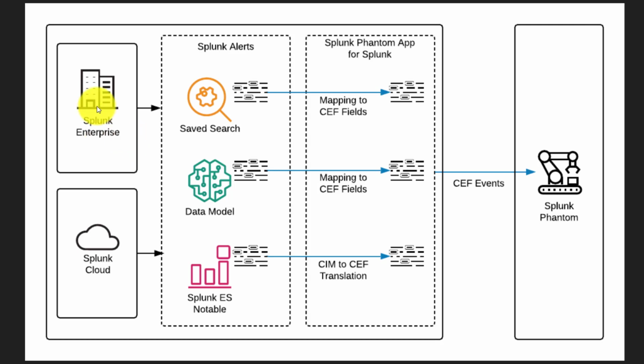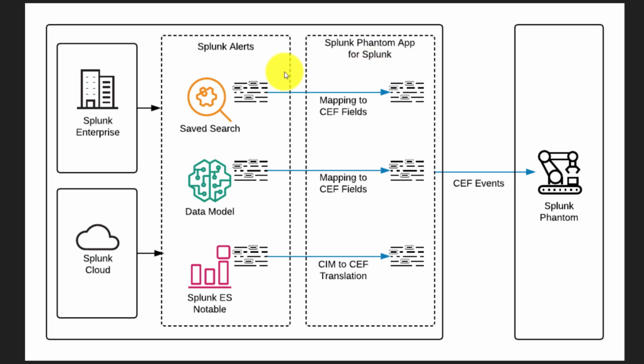As we have seen, we have a Splunk Enterprise instance with OSSEC intrusion data, which we are trying to send to Splunk Phantom. How will we do it? We'll use an app called the Splunk Phantom app for Splunk, which is available freely on Splunkbase.